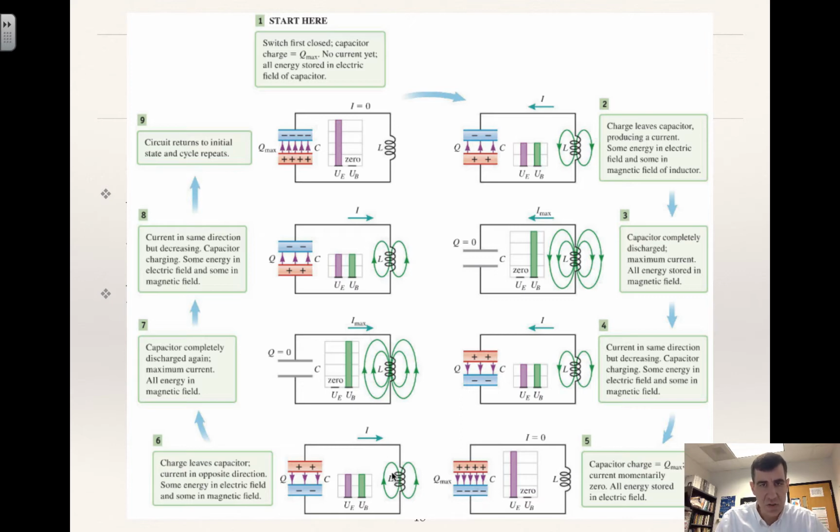And this is just going to continue, right? Just notice that the current here is actually opposite to the current we started from, so eventually the process is going to repeat and we get this current. You can imagine, or think in terms of the energy just sloshing back and forth between the capacitor and the inductor.